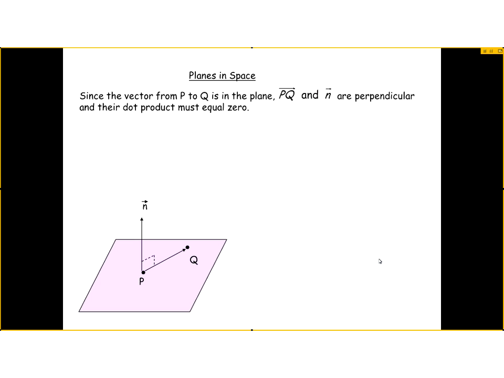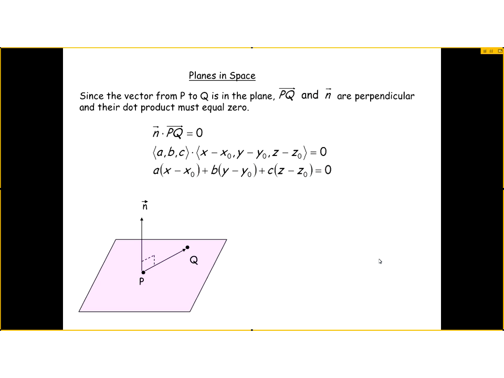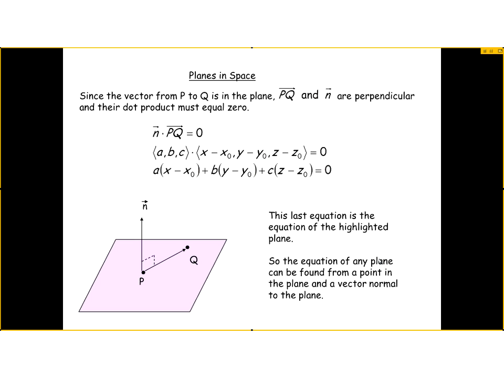That is why the dot product is always 0. So these are the two vectors, and we are going to take the dot product.